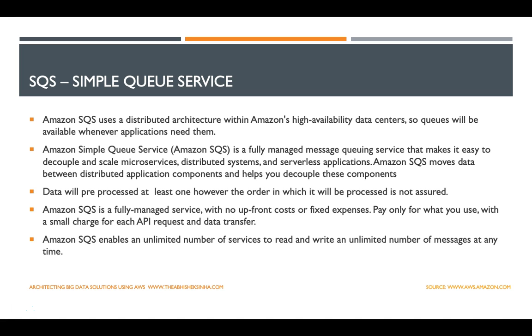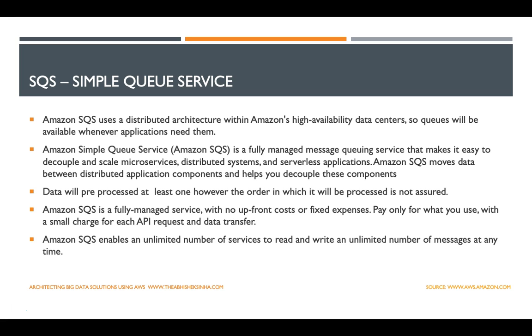And the best part is there is no limit to the number of messages per queue, and standard queues provide nearly unlimited throughput. The cost is not fixed, so you don't have to pay a certain number of dollars or rupees. You just have to worry about how you are going to use it, and the cost and elasticity are variable, so you can use it as per your flexibility.